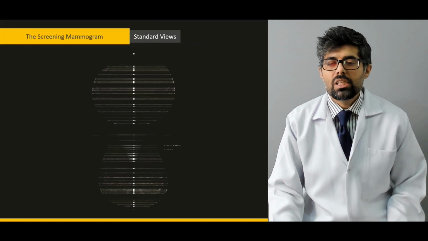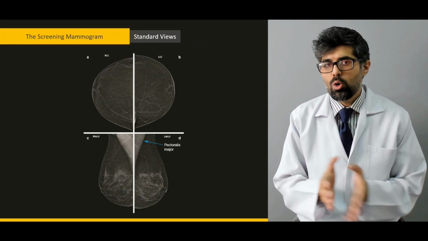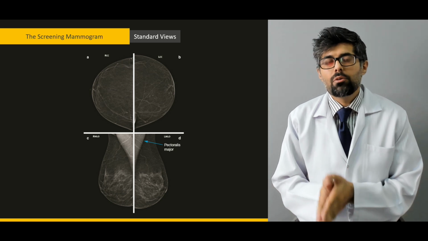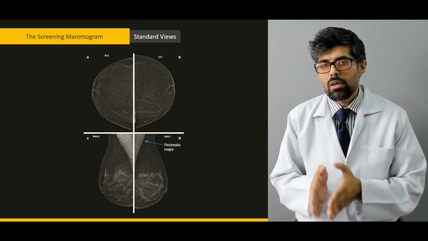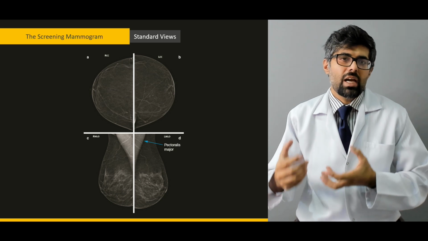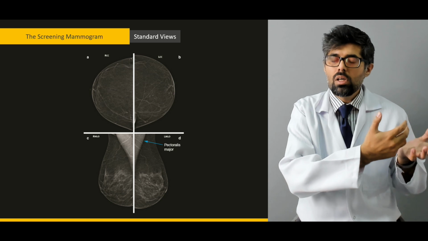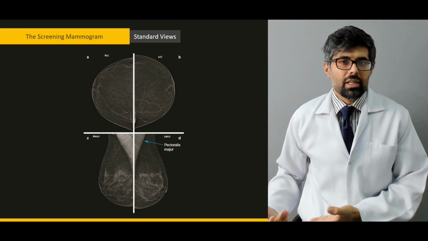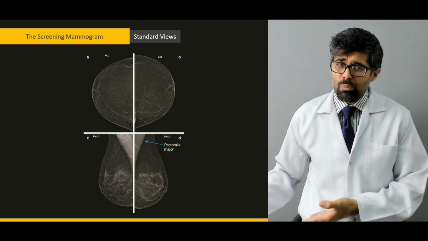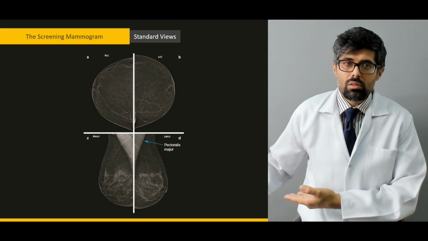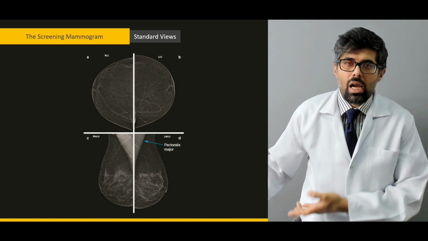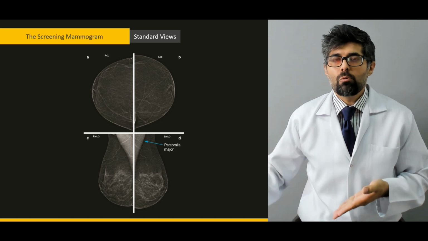This results in the MLO projection, in which the X-ray source has a superior lateral angle, and the detector has a mediolateral angle, and it is done in an oblique view.